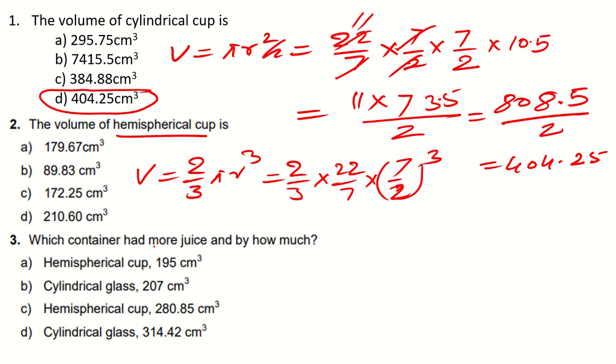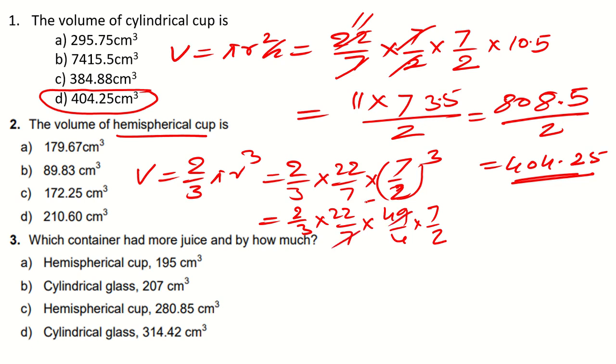Now, which container had more juice and by how much? So now we have to find the volume, because without that you cannot do it. For the cylinder we know that the volume is 404.25. Now here you see 2 over 3 times 22 over 7 times 49 by 4 multiplied by 7 over 2.